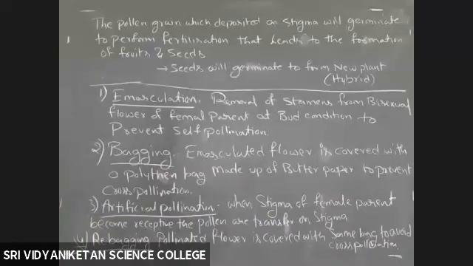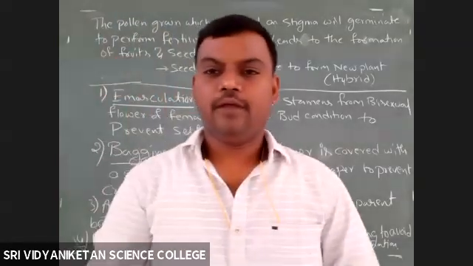That is the main intention of emasculation. In 60% of angiosperms, pollen grains reach the stigma at the 2 cell stage, and in 40% of angiosperms, at the 3 cell stage. The vegetative cell has a role only to produce the pollen tube. There is no role in fertilization. Any more doubts?